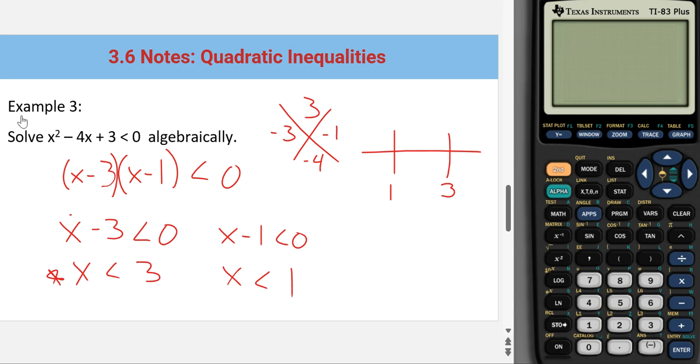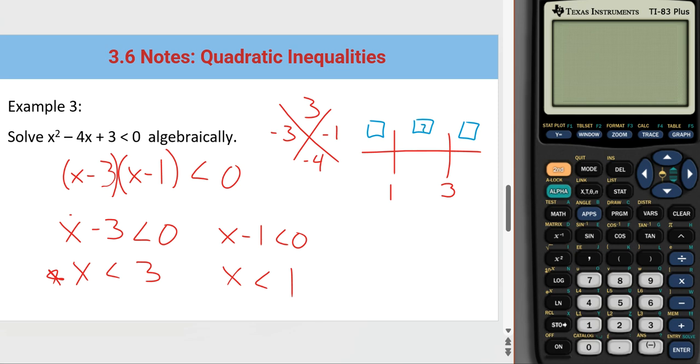So what I'm going to do is test some values. In reality, you could get away with just checking one value, because you know it's either going to be these two values or this one. You're going to check values for here, here, and here, right?